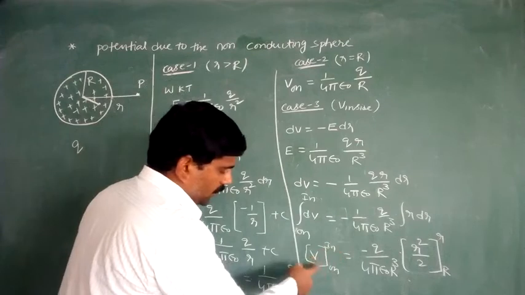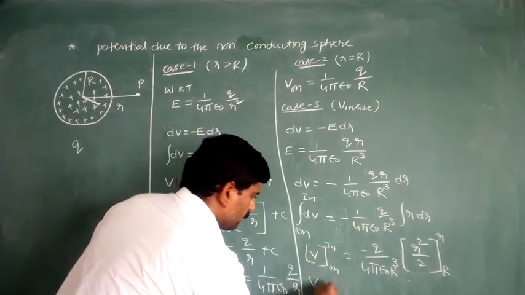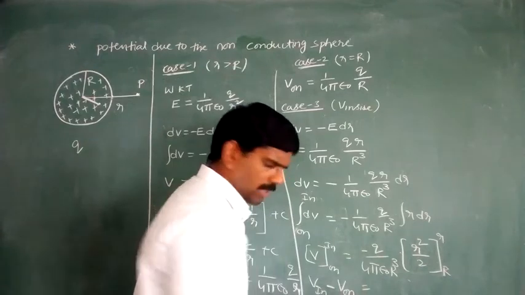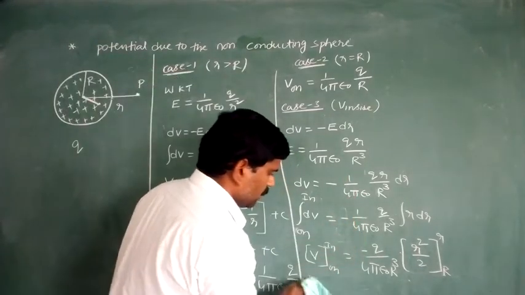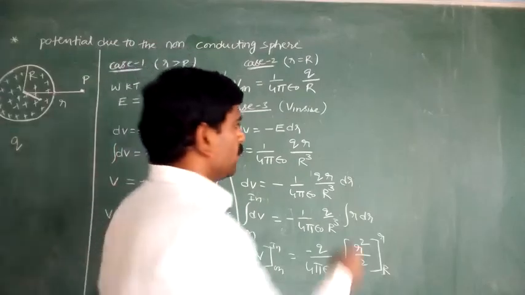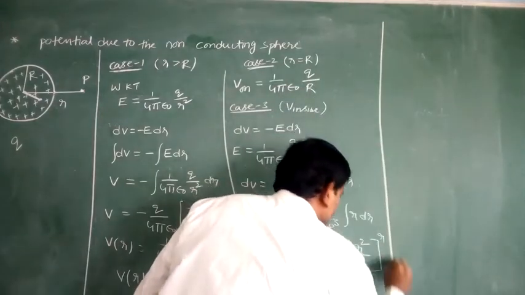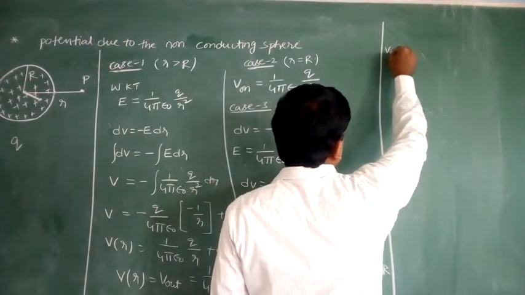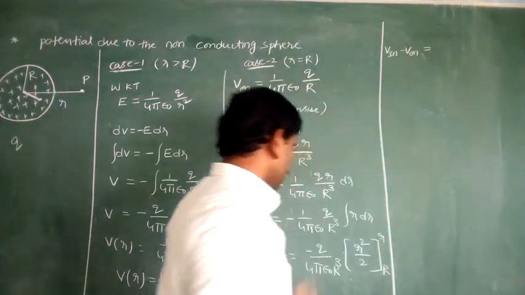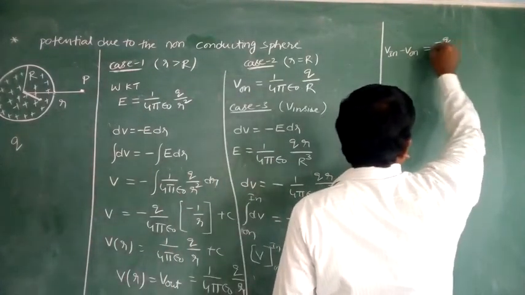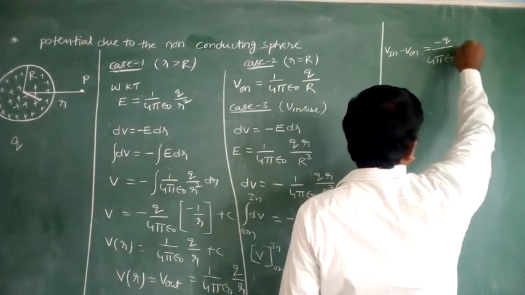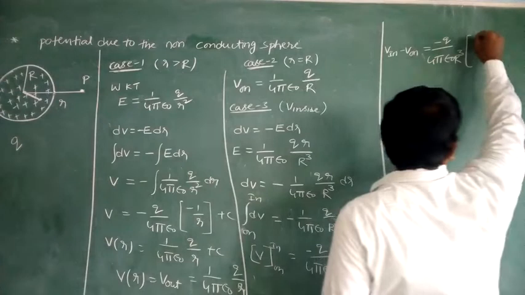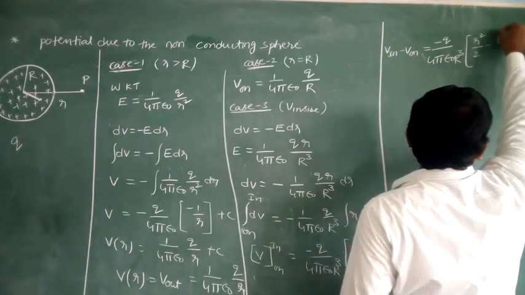Substitute those limits: V inside minus V on surface is equal to minus q by 4 pi epsilon naught R cube into small r square by 2 minus capital R square by 2.